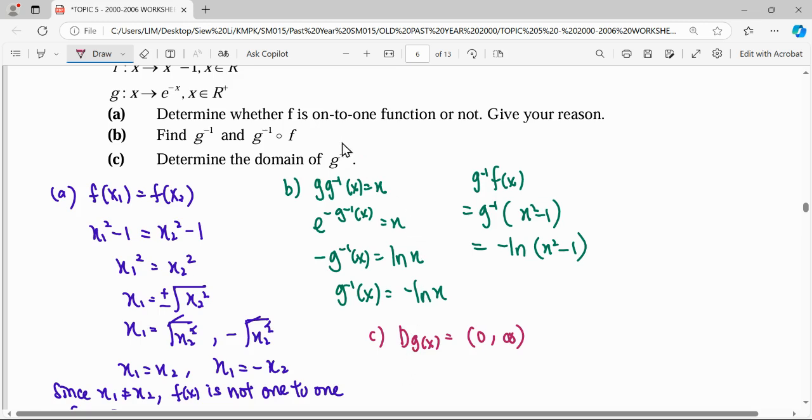Then, when I want the domain, I need to refer to its range. So look at our exponential. When we take the positive part only, we see what is the remaining part of the graph. So 0 to infinity means your graph is going to the right here.